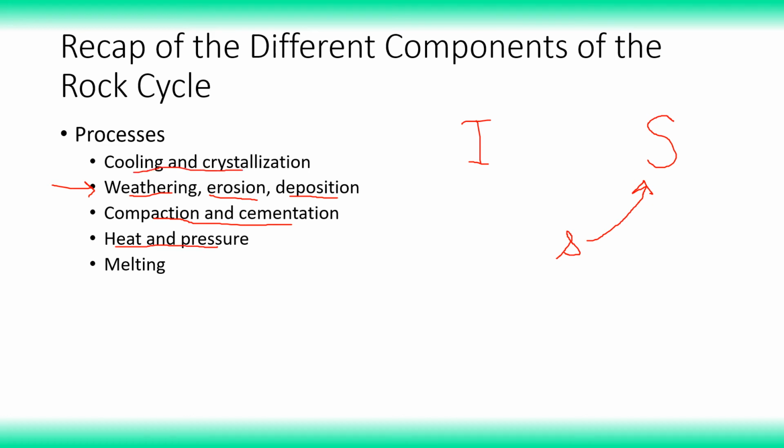Cooling and crystallization, that's related to igneous rocks. That's how igneous rocks form, if you remember back from the beginning. And melting is basically when any of these rocks turn back into magma. So now that we've hopefully understood all of these different words, the different rock types, the other components that are involved, and all of these processes, we can see some diagrams.